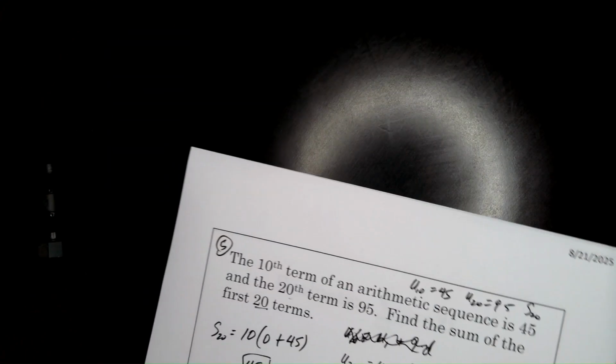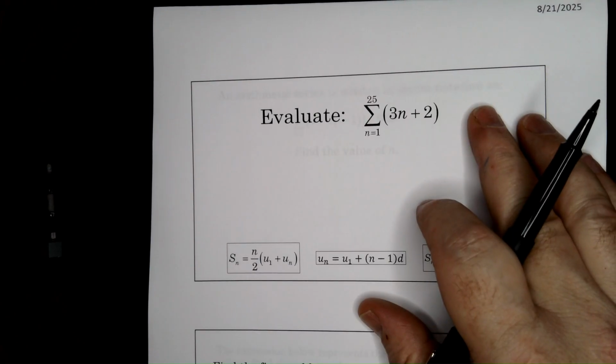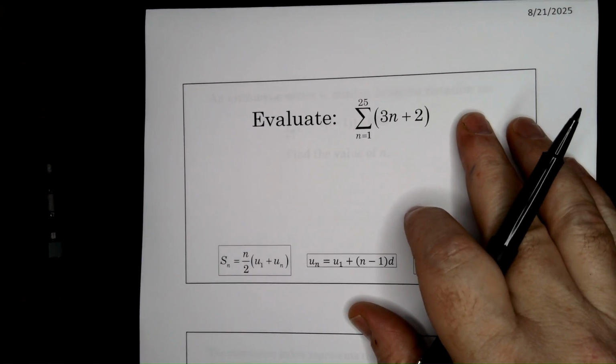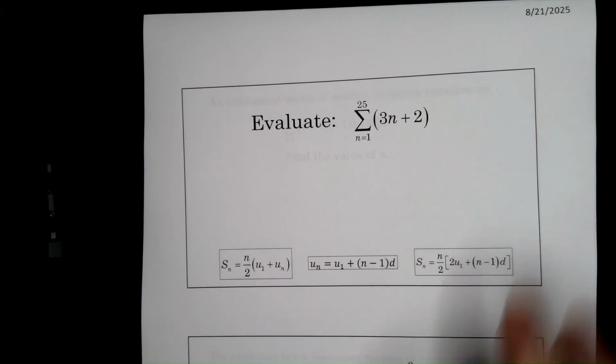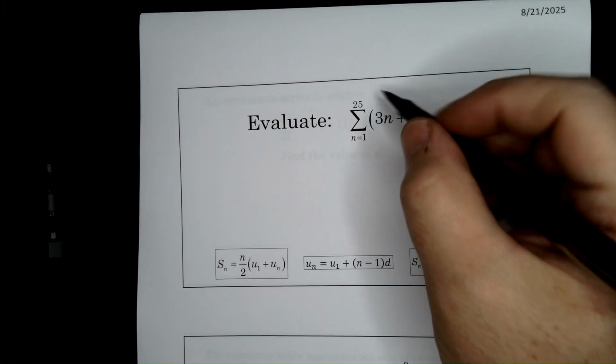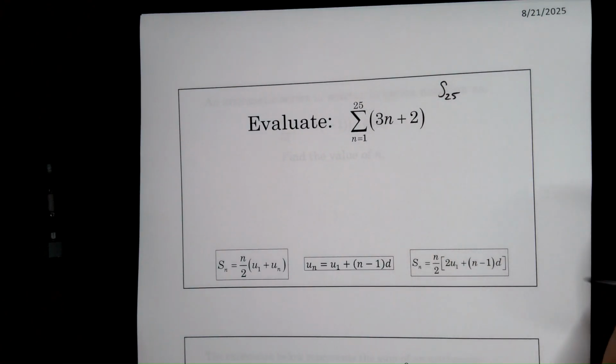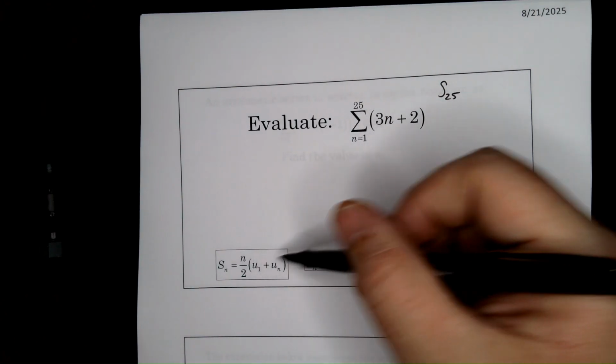All right, moving on. Number 7. Oh man, we got some trickiness right here. Check this out. We've got sigma notation, our good old friend sigma notation. All right, so it says evaluate 1 to 25. So this is the same as saying S25. We're starting on 1, going to 25. We can use either one of these.